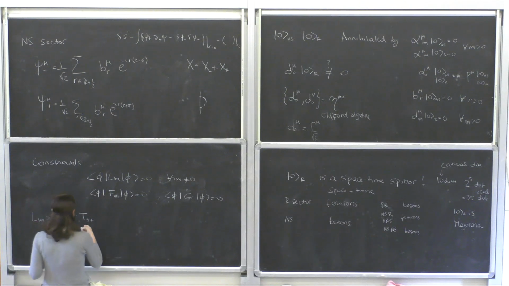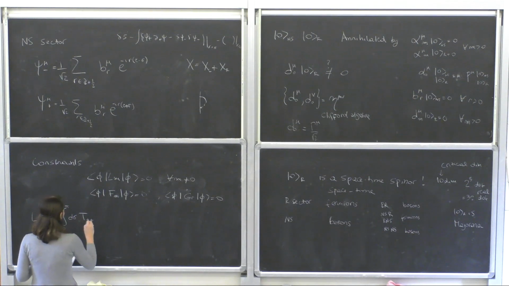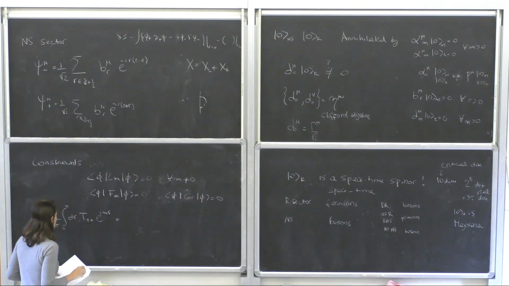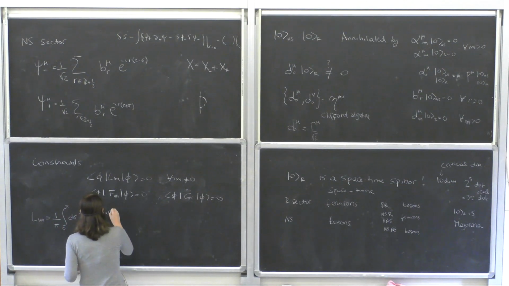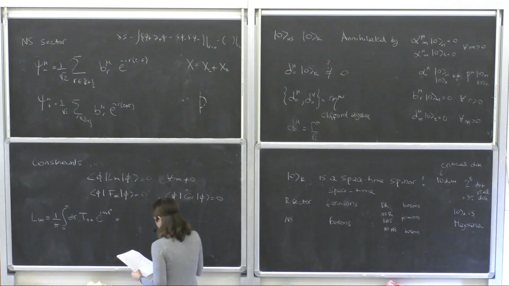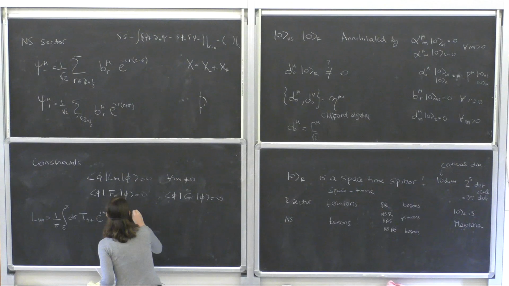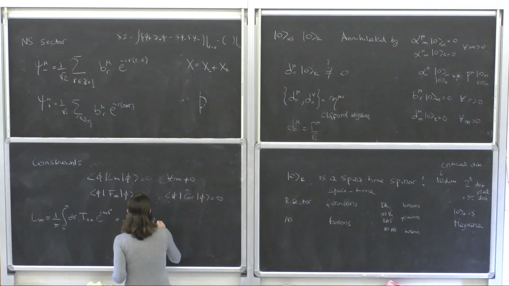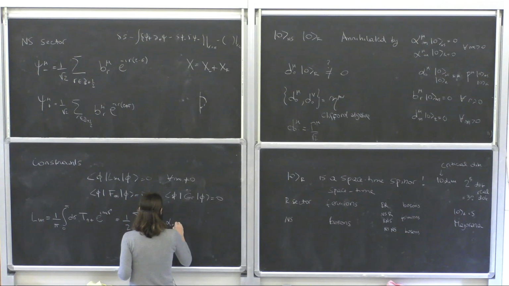The L's are the T++ and the L tildes will be the T-- with e to the i m sigma. And what we get is the same as before for the alphas: alpha minus n, alpha m plus n.